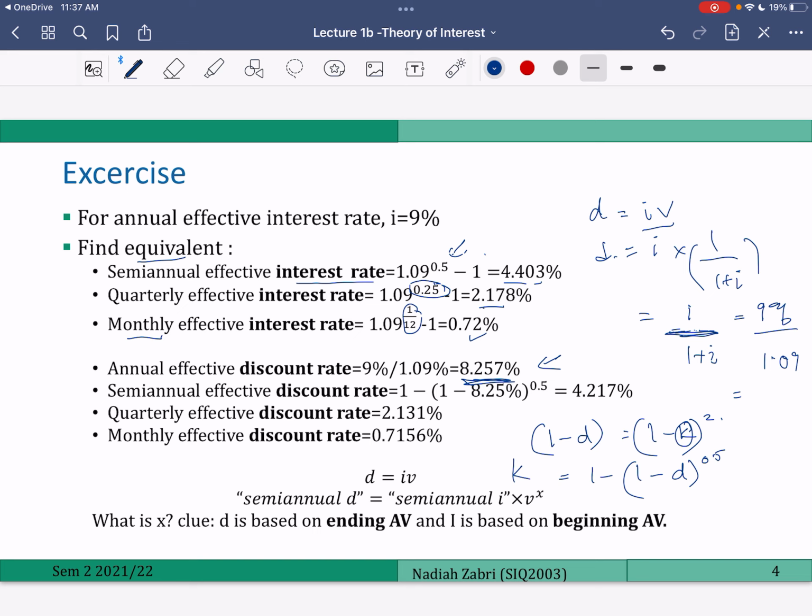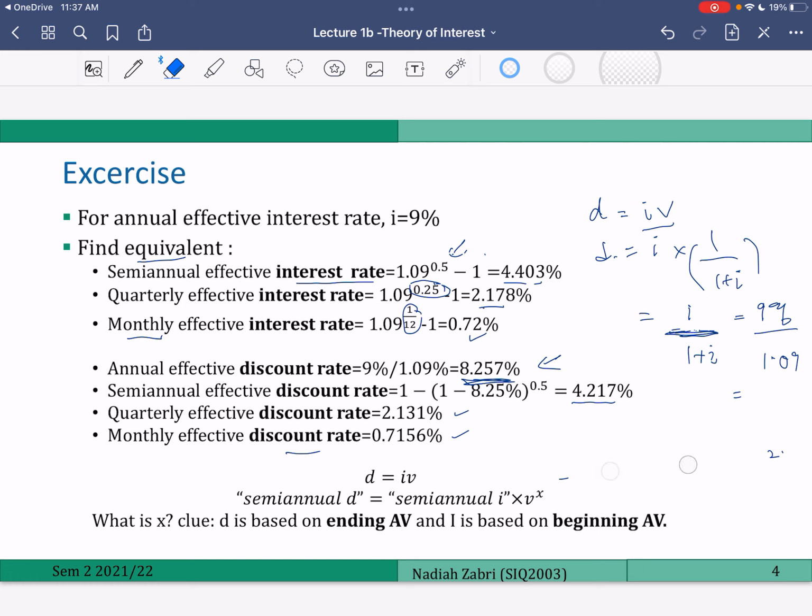So that is K. So when you do this, you'll get semi-annual discount rate is 4.217%. And then you do the same, but you change this. So instead of 0.25, it will be 1 over 4. And then for this one, it will be 1 over 12. Okay, once you do all of this, you will get the following answer. Okay, please try to pause this video and try it yourself.